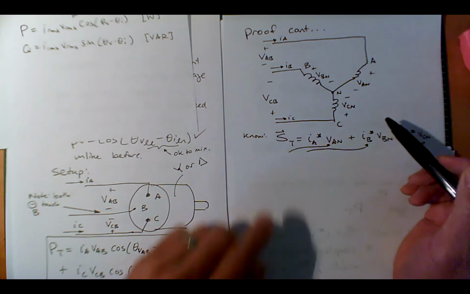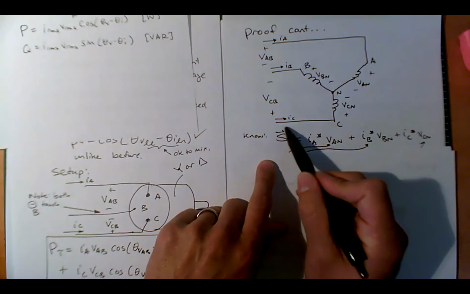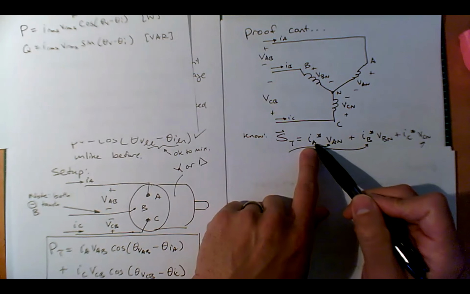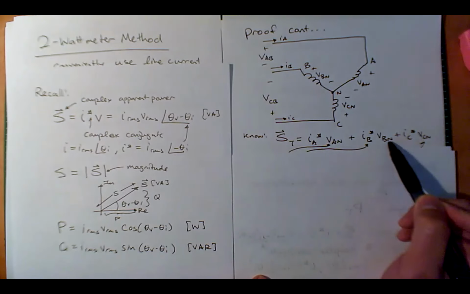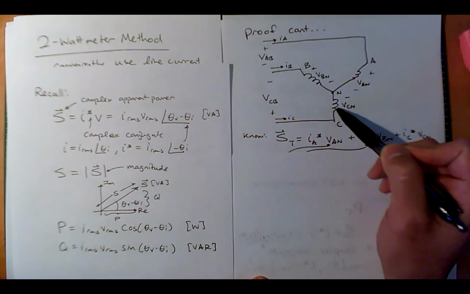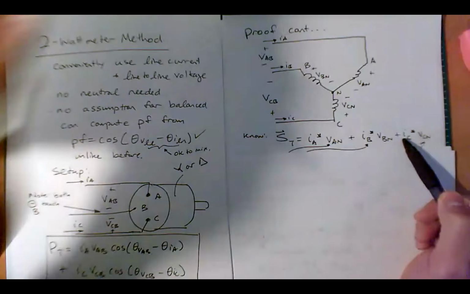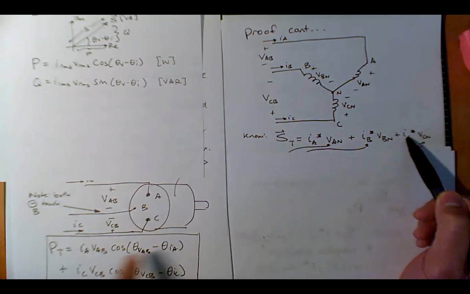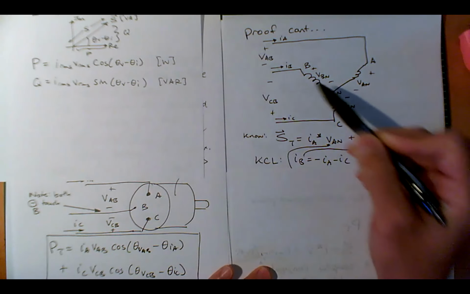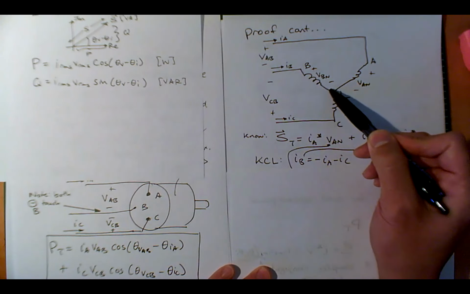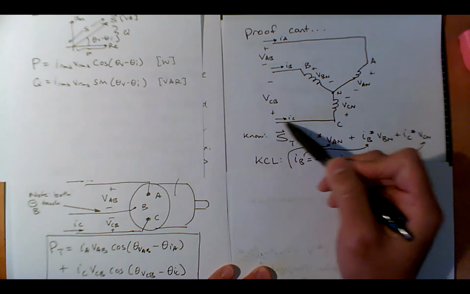We know that if we want to get the total complex power, then we can just add up IA VAN with the asterisk here, just like this, and do it 3 times for these guys. This is the bulletproof way to do it, okay? Now, what we're going to see, can we go from here to this? Well, we can use KCL. This current IB is equal to the negative of this one and this one.